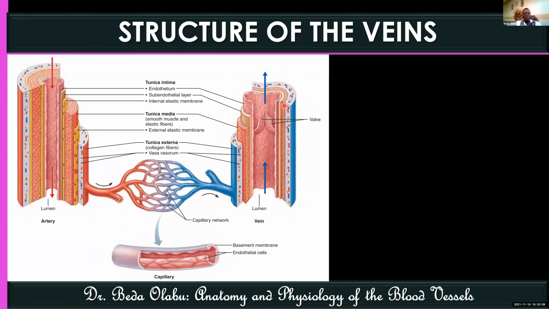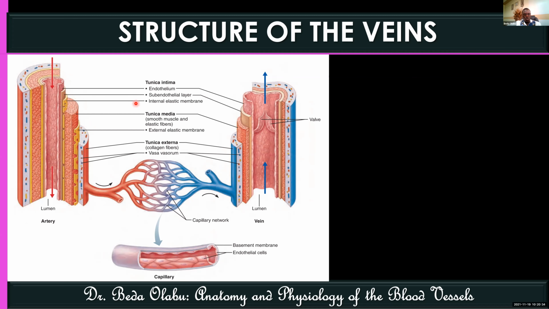The other unique thing about the veins is that they have wider lumen compared to the corresponding artery. They have thinner tunica media compared to the corresponding artery.